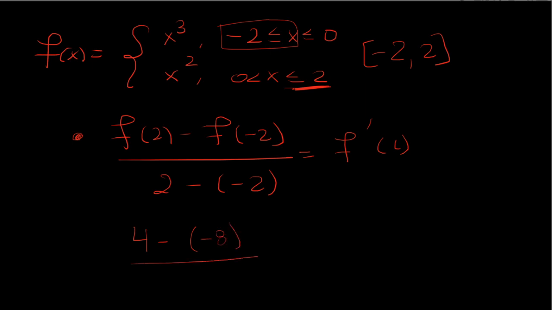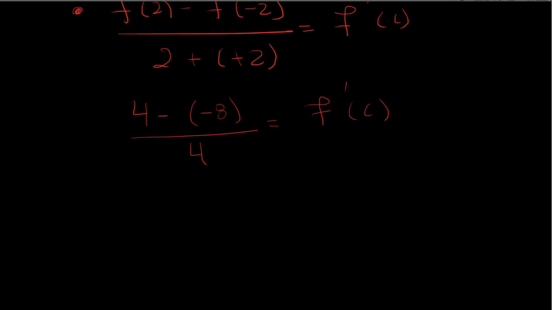And on the bottom, 2 minus -2 will give us 4. That's equal to f prime of c. Well, 4 minus -8 is 12, over 4 is 3. So we're looking for when the derivative is equal to 3.